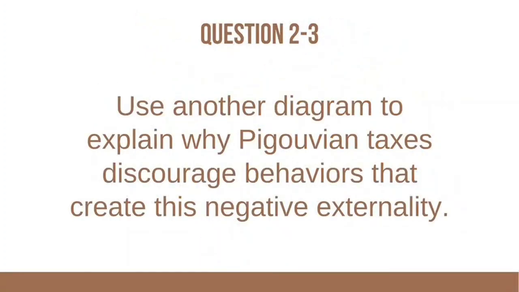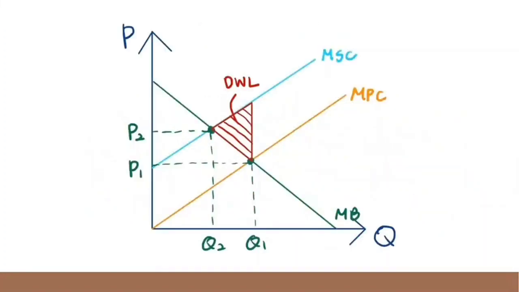The third one is, use another diagram to explain why Pigouvian taxes discourage behaviors that create this negative externality. The negative externality will cause a deadweight loss in the red triangle.